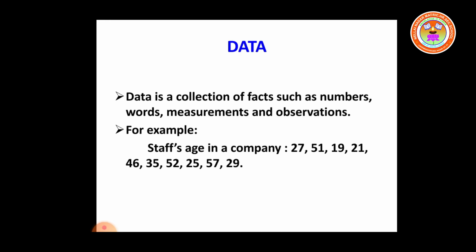For example, staff's age in a company given as 27, 51, 19, 21, 46, 35, 52, 25, 57 and 29. Here the data is in the form of numbers.